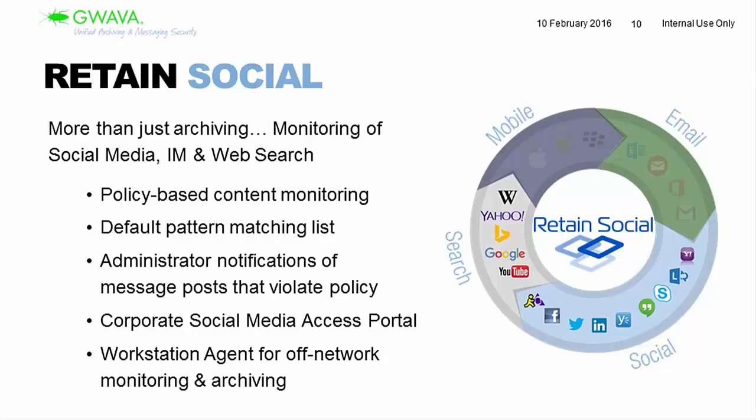All of those, and then web searches as well for Wikipedia, Yahoo, Bing, Google, and YouTube. So the searches that they do are all monitored. You can create those policies and those rules to filter and block, and then they're archived as well. So that's the great thing.